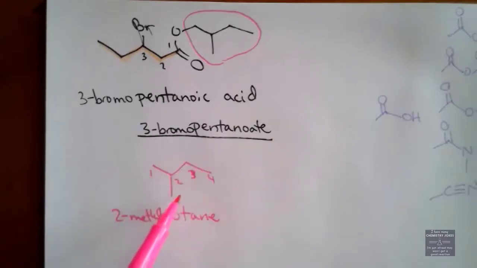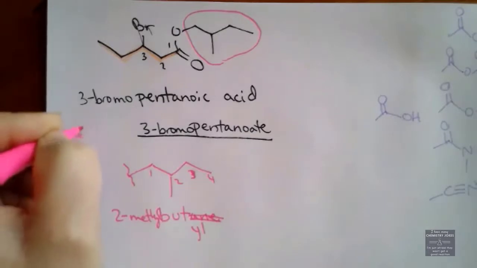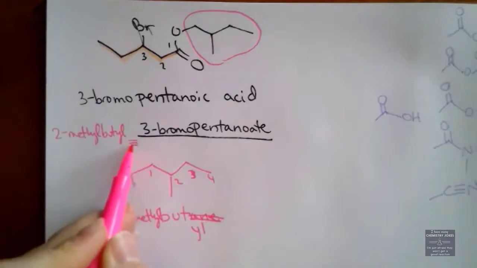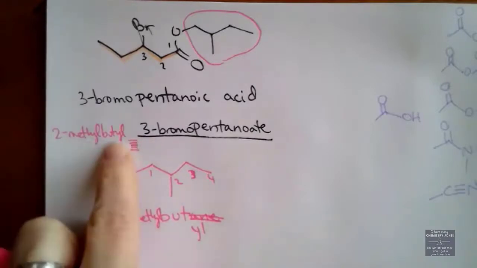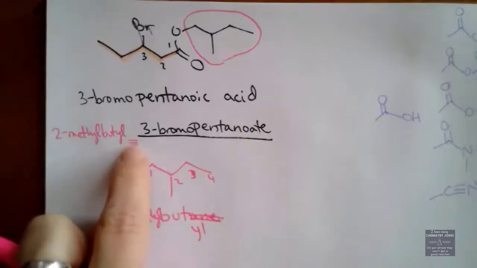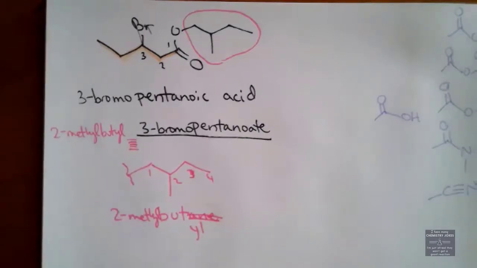But this whole thing was connected to my ester, so it's not an ane, it's an yl. So this name becomes 2-methylbutyl, with a space, 3-bromopentanoate. The part before the space tells me that's the leg of your ester. That's the thing bonded to your singly bonded oxygen.